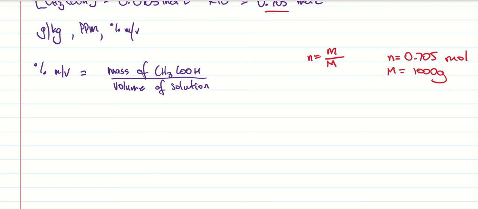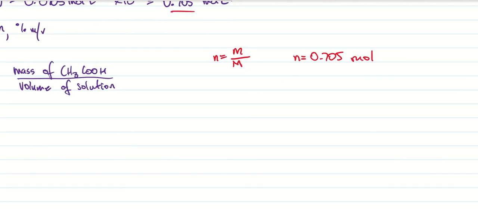And then what else do we need to consider? We need to consider the molar mass. So we know the molar mass, sorry, I've led you down the garden path there. So the molar mass from the periodic table is what? Carbon plus 3 hydrogen plus another carbon plus 2 oxygen plus another hydrogen, and that's around 60 grams per mole.